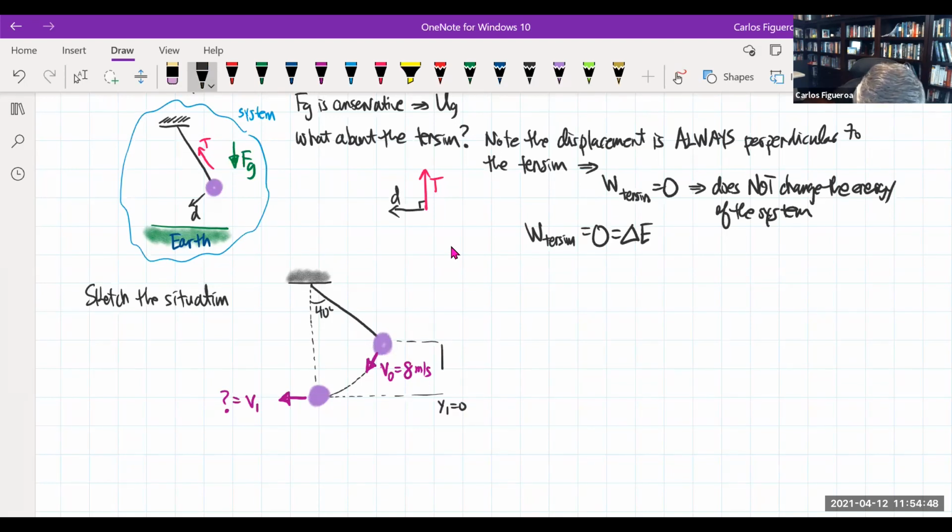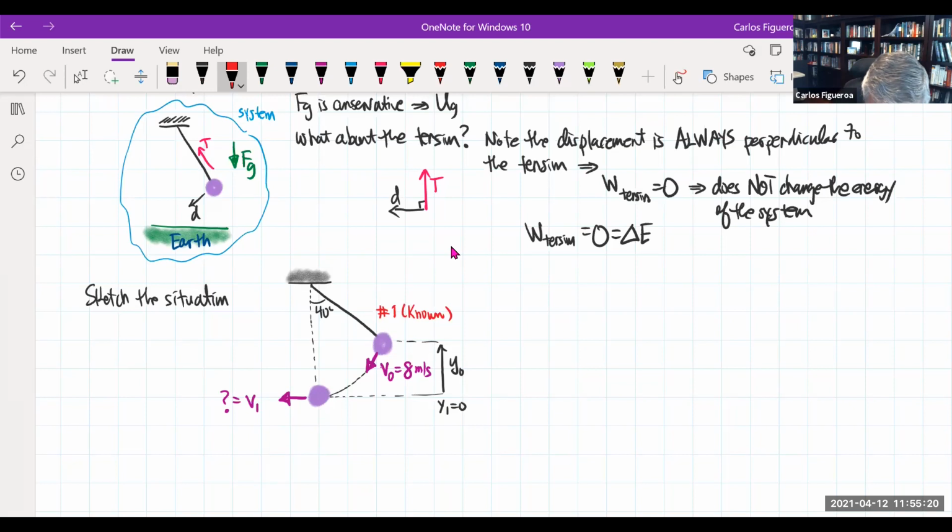So then my height from here to here, y initial, is something that we start off with. If I know the length of the string and the angle, I could calculate y initial, and I know that at the bottom I know what its final height is, and I don't know what the speed is. So this energy state, I'm going to call my number one energy state, and this is known.